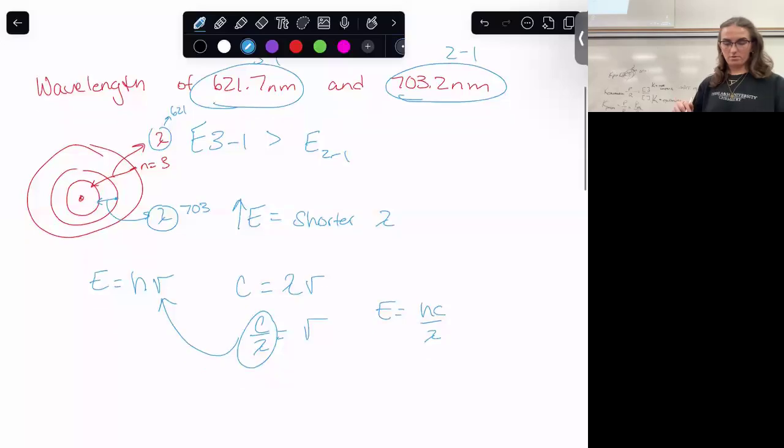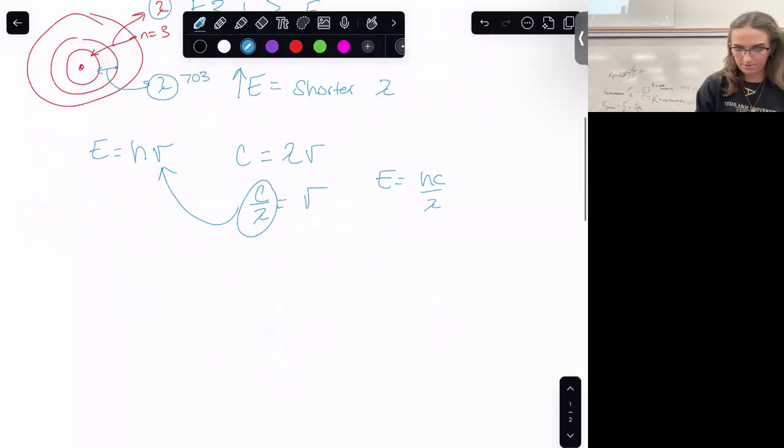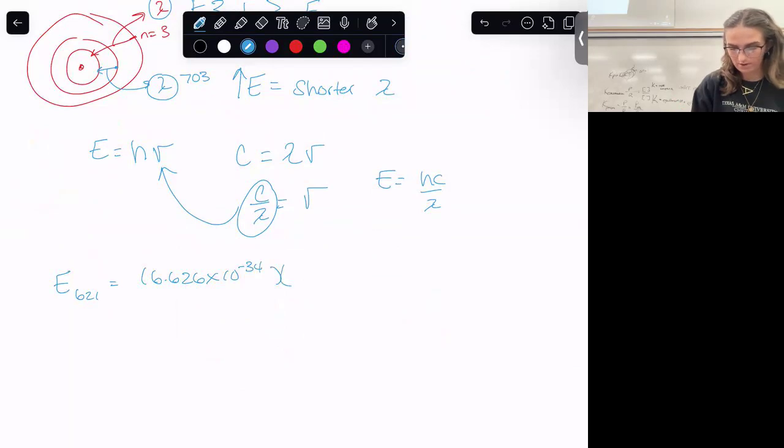Yes, we can. So for the energy of the 621, we have 6.626 times 10 to the negative 34. What is our c constant? Perfect.